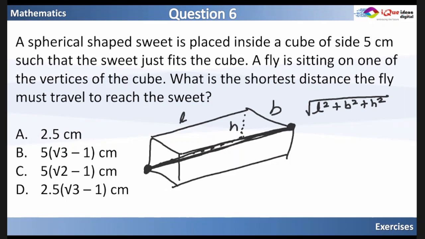So this formula is for the length of the largest diagonal for a cube or a cuboid. Root of L square plus B square plus H square will give you the length of the largest diagonal in a cube or a cuboid, right?